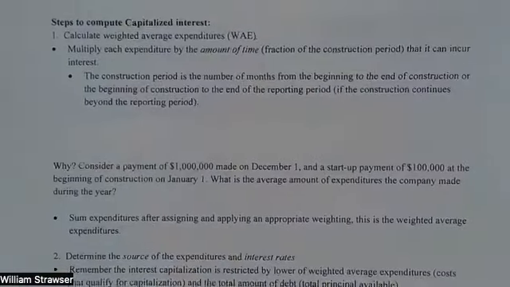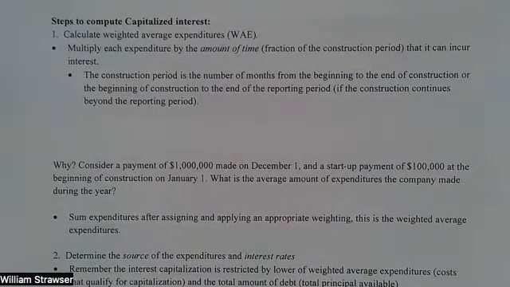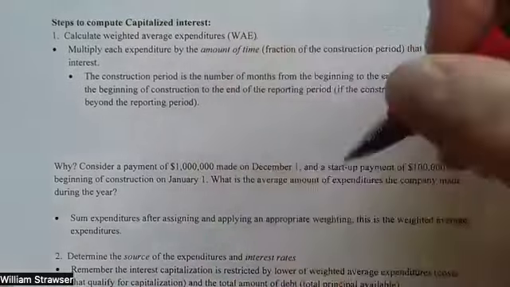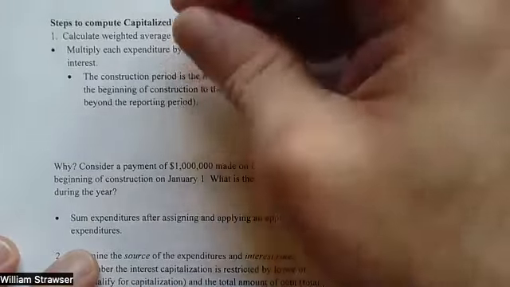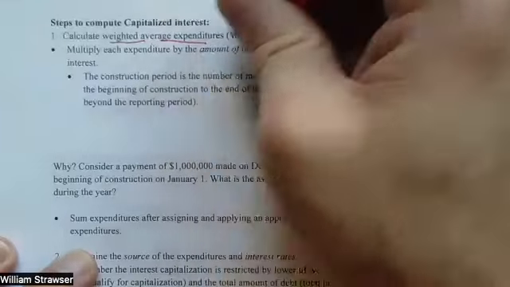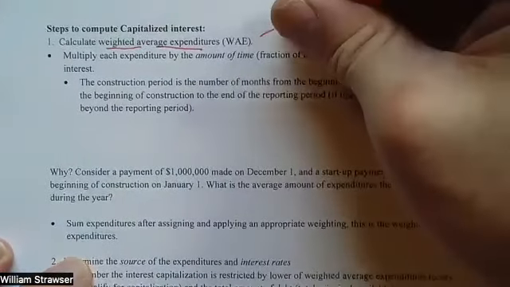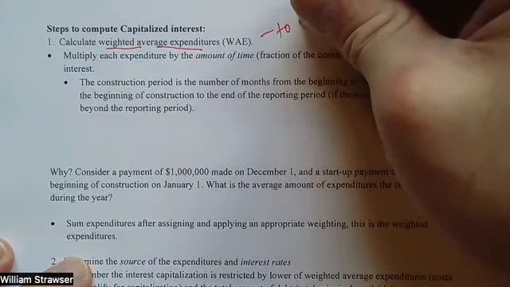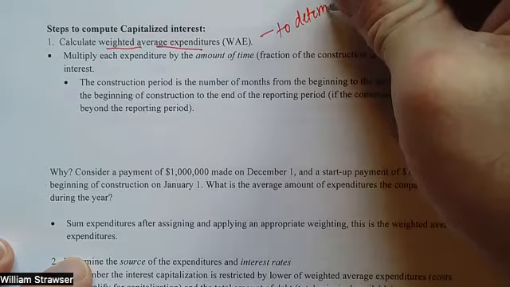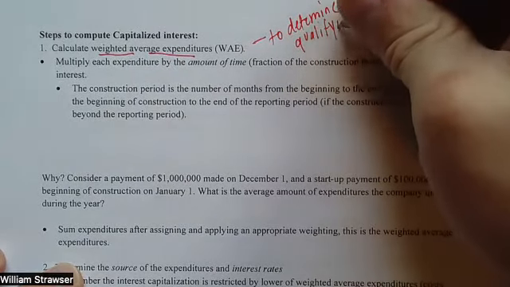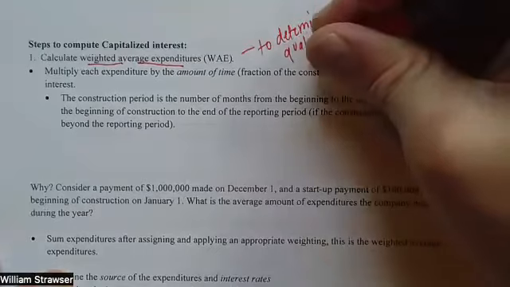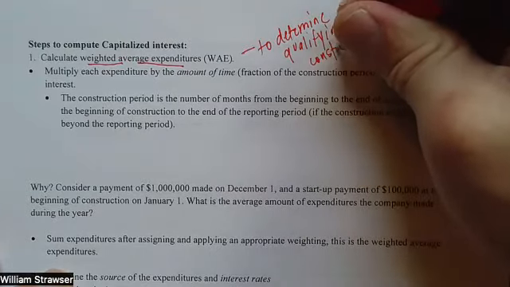So how do we calculate this? First, in order to figure out what my qualifying expenditures are, I need to figure out what the weighted average expenditures are. This is to determine qualifying construction costs.